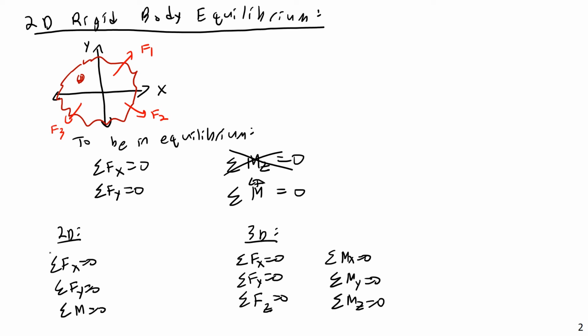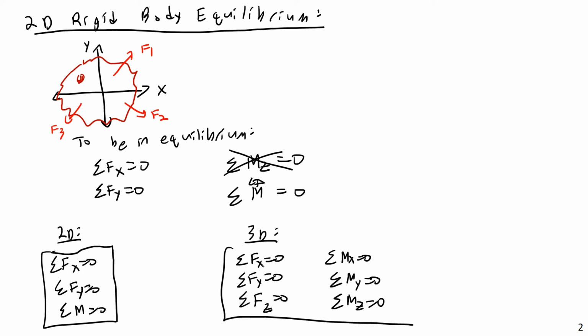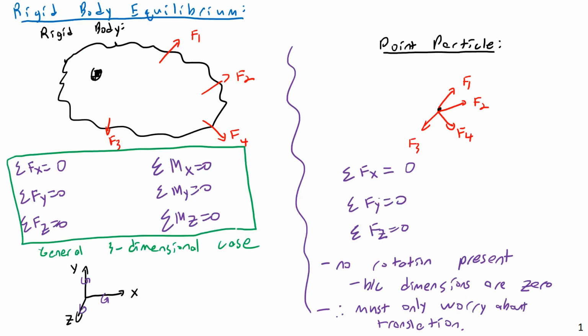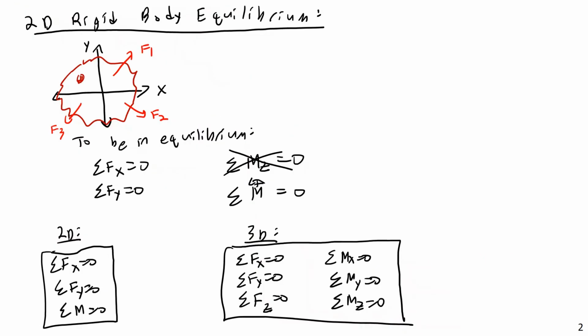And so, again, we see that for the 2D case, we have 3 equations of equilibria, and for the 3D case, we have a full 6 equations of equilibrium. Okay, so that is the basis of rigid body equilibria for both 2D and 3D systems.